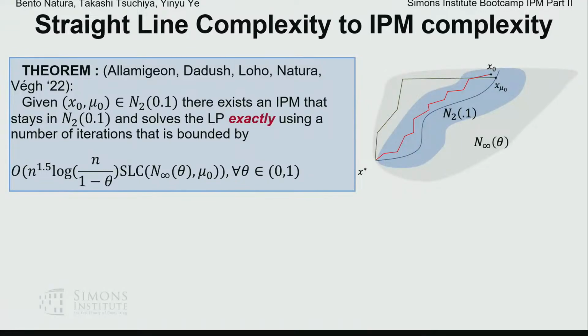Of course, for a linear program, if you don't consider a neighborhood, you always have a single line from the initial point to the optimal solution, correct? Because if you don't restrict it to be close to some kind of path or central path, that's the nice thing about a convex region: from any given point, you can directly see the optimal solution, because that straight line is still in the feasible set.